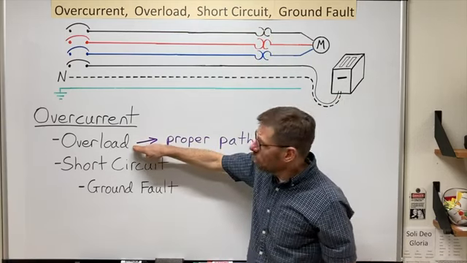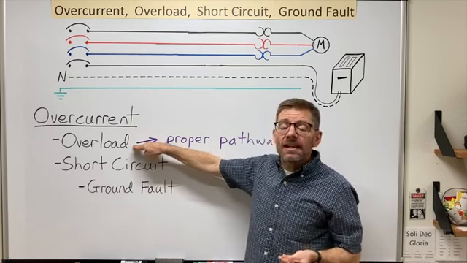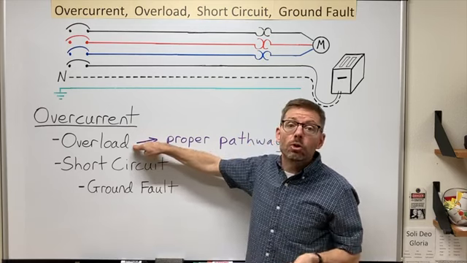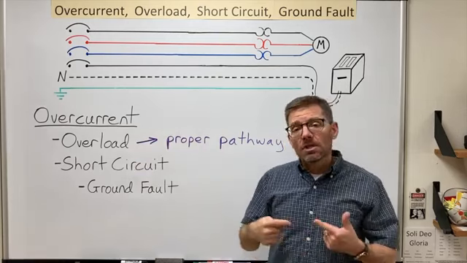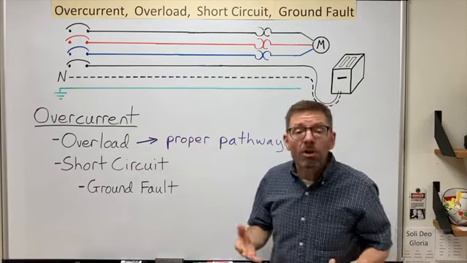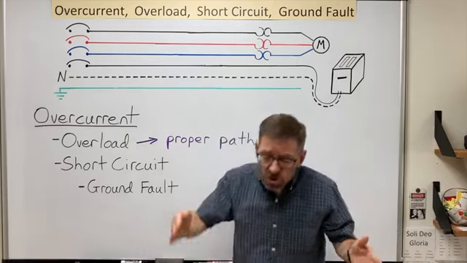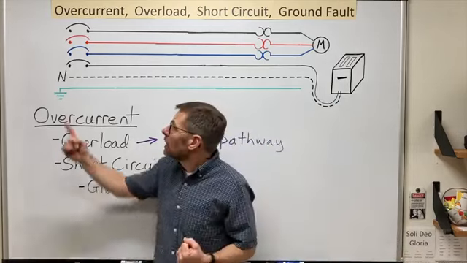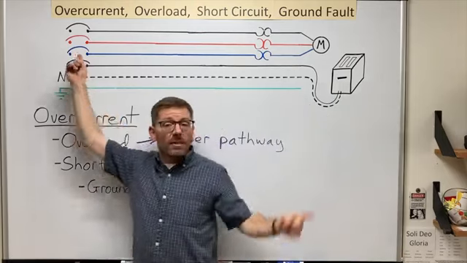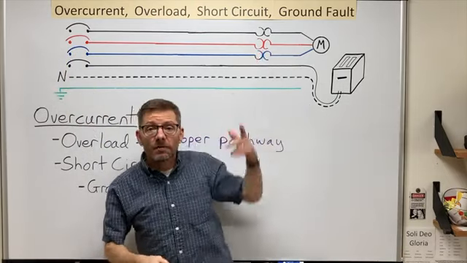Now, this definition goes on to tell me that if the excess current continues for too long, it can cause damage or dangerous overheating. But there are safe overloads, ones that last just a few seconds, even a few minutes, or sometimes longer, depending on the intended characteristics of the devices involved.